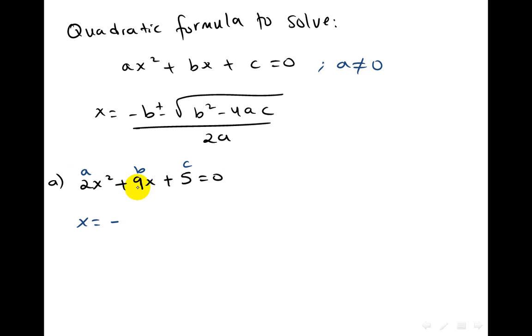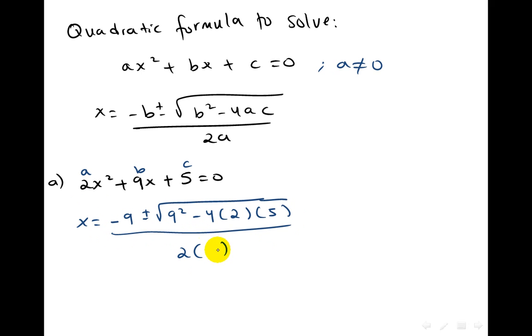Minus b means minus 9, plus or minus under root b squared means again 9 squared, minus 4 times a times c. What's the value of a here? 2. The value of c is 5 over 2a, and the value of a is again 2.